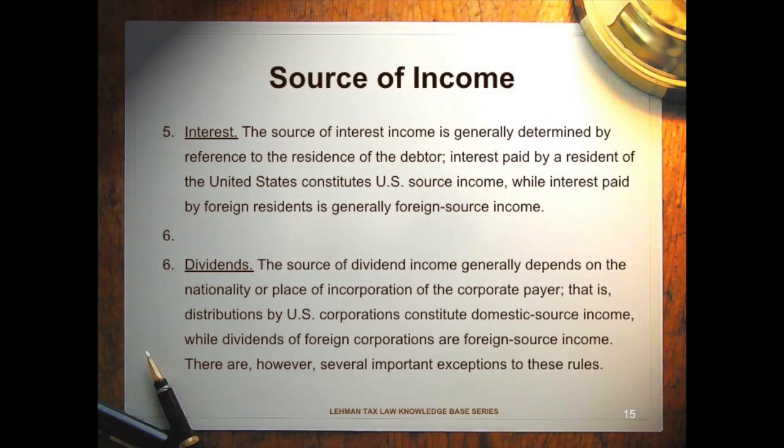Dividends paid by foreign corporations are typically going to be foreign source income. However, again, there's exceptions to these rules because you may have foreign corporations working in the United States and other types of foreign entities in the United States. And this gets to be on a case-by-case basis, typically.